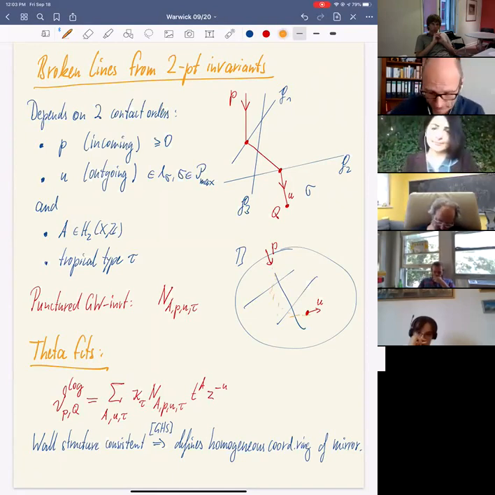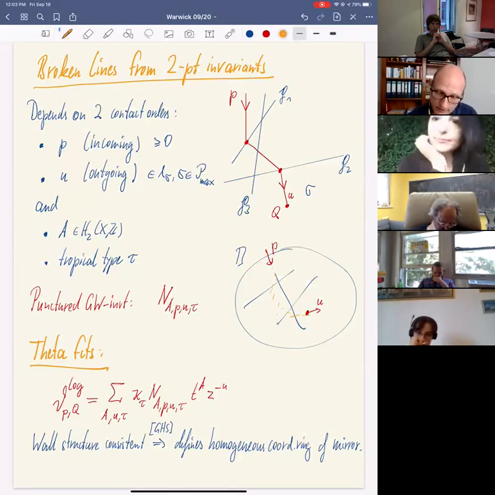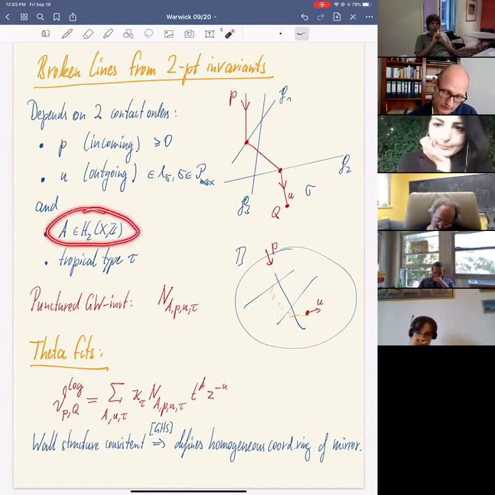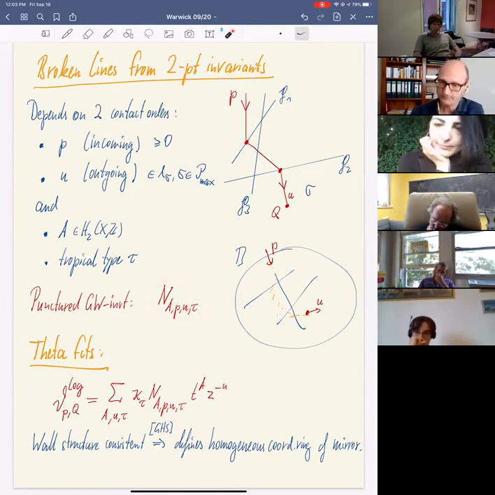So how do you do this? They will be obtained as tropicalizations of two punctured stable maps with two contact orders, one P, the other U. Okay, so to set this up, I also have to fix a curve class and a tropical type. Right, once you have a broken line, it comes with a tropical type. So I fix this type, and then I get this invariant, like Dan sketched. And then there's a procedure.